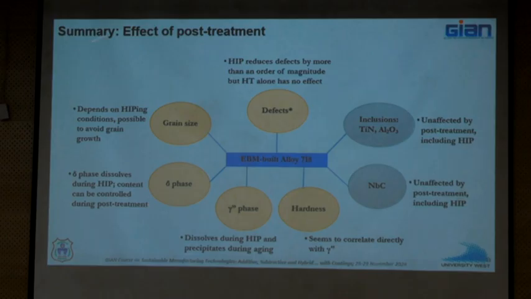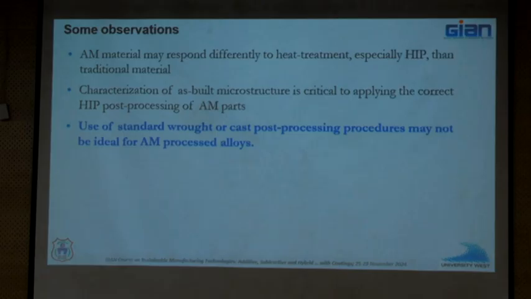So, the heat treatments have an influence on all of these, including, not the least, the grain size. We saw that even between 1120 and 1185, there is a big difference in grain size. And you do not want that kind of coarsening to happen.